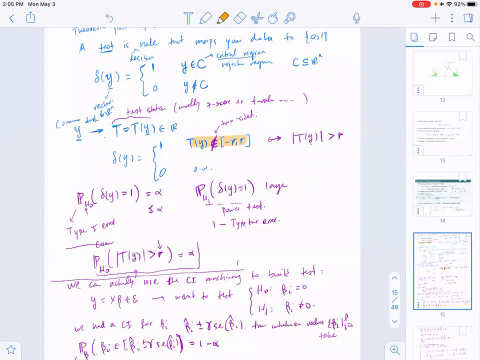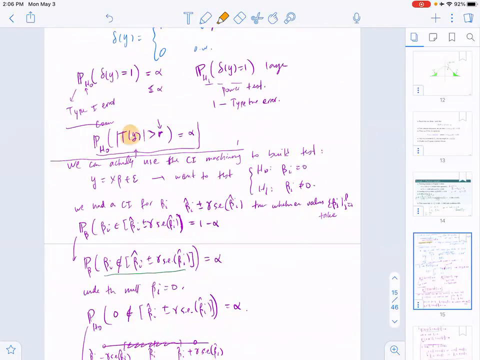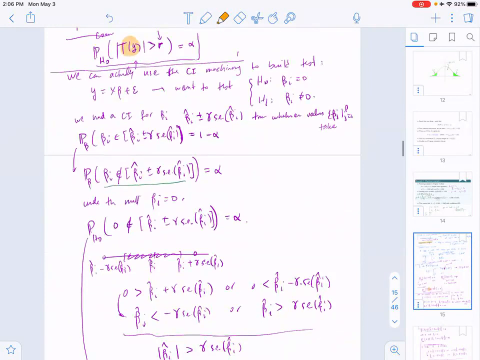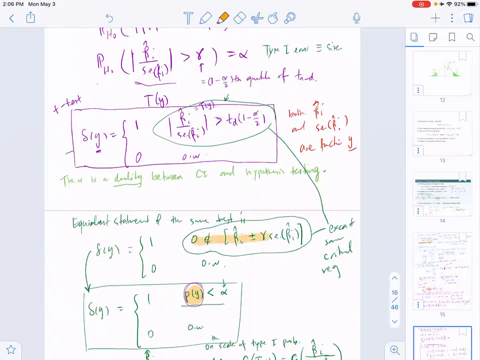Then you want to control the type 1 error probability, also called the size of the test or the significance level. This is equivalent to computing the probability of rejection, basically the probability that this is 1, and you set it equal to alpha. We saw that, if this is the t statistic, this is equivalent to rejecting based on the confidence interval that we built not including 0.